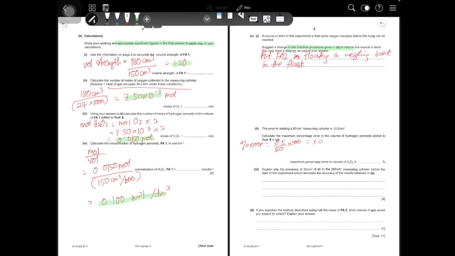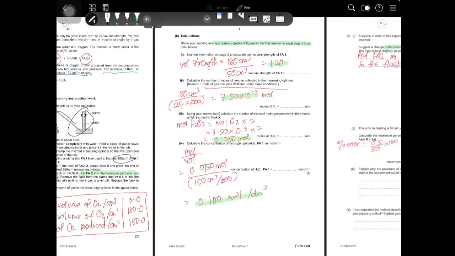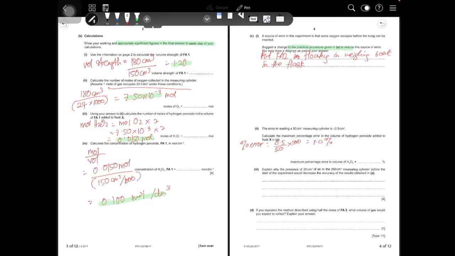So we have 1.0%. The volume that we have taken for this experiment is 150 cm³. That means we use the 50 cm³ measuring cylinder 3 times. So for the percentage error, we need to multiply by 3 as well. So 1.0% multiplied by 3, we have 3%.